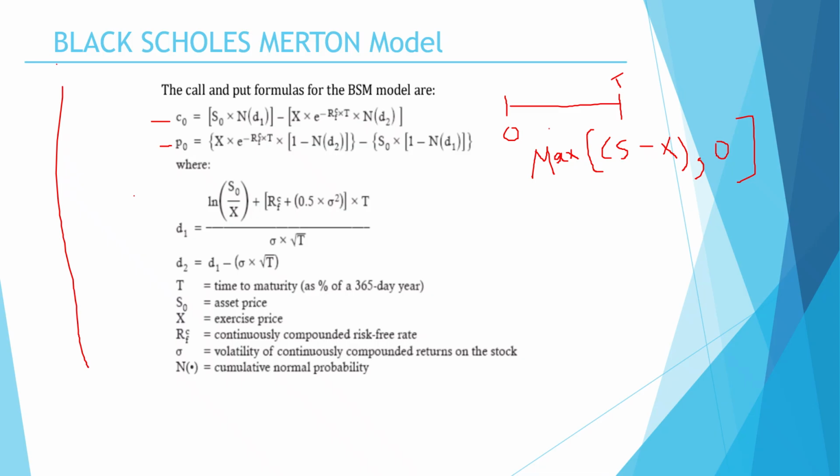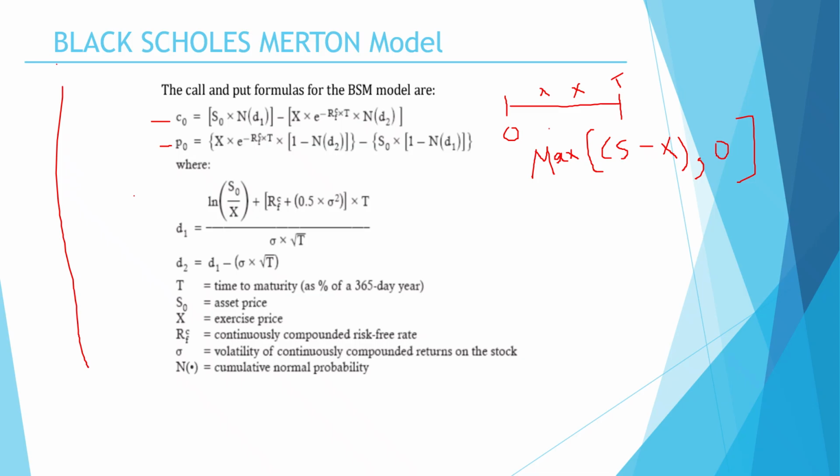Now the question that comes here is, this is the value of the option at maturity. Let's suppose we want to find the value of the option before maturity, at this point, or at this point, then how will I evaluate the value of the option? So what this model does is that it identifies the factors which will impact my price, and those factors are also called the option Greeks.